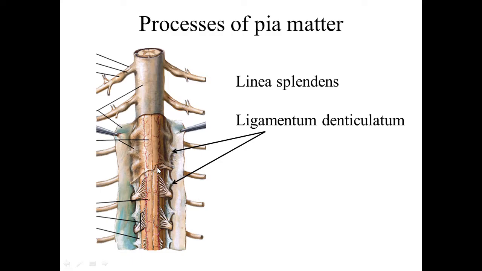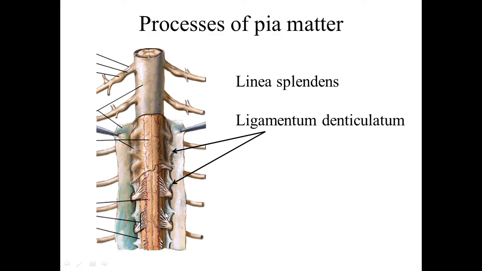And the third process is the ligamentum denticulatum. On either side of the spinal cord, you can see a ribbon-like band which extends laterally between the anterior and posterior roots of the spinal nerves. If you see the lateral margin of this band, it shows teeth-like structures.